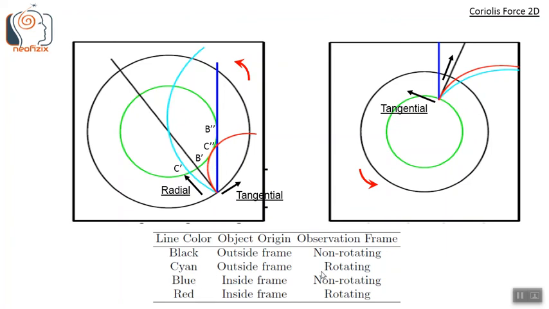As a result, the projectiles fired in the radial direction deviate and move along the blue line instead of going along the black lines. This is not a pseudo effect. This is an effect seen even in the inertial frame. This shift from the black to the blue line is not a pseudo effect, because it is also seen in the inertial frame.